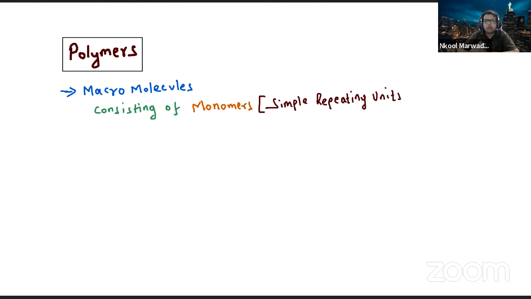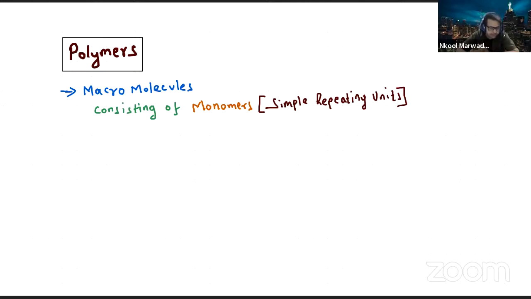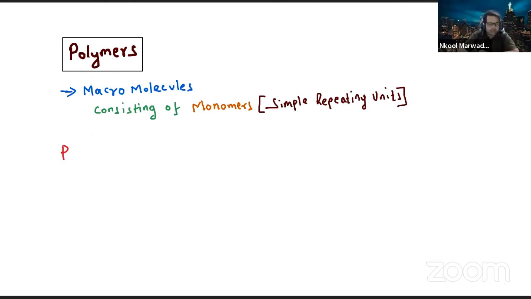If you want to feel the pattern in the nature, then this polymerization or the polymers gives us a very good feeling of it. Like for example, the polythene which we use, that is polyethylene.